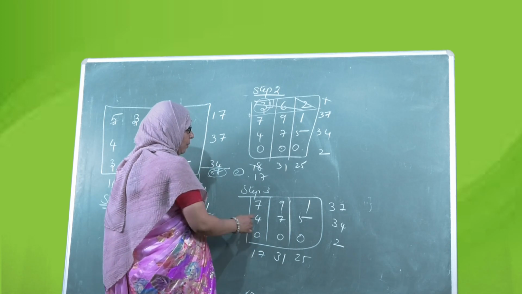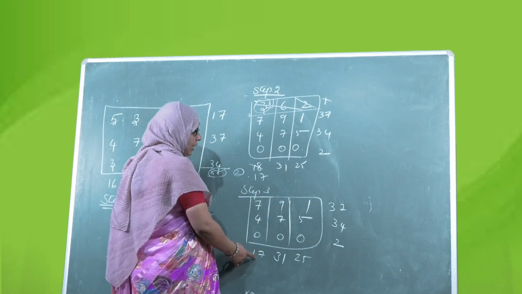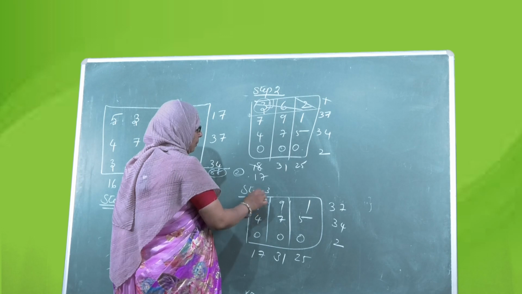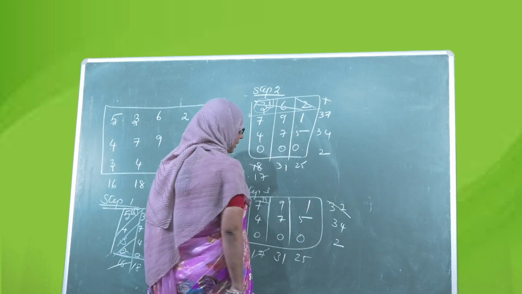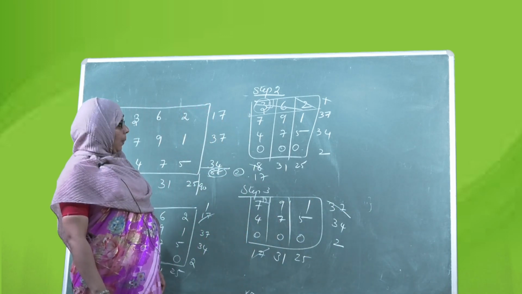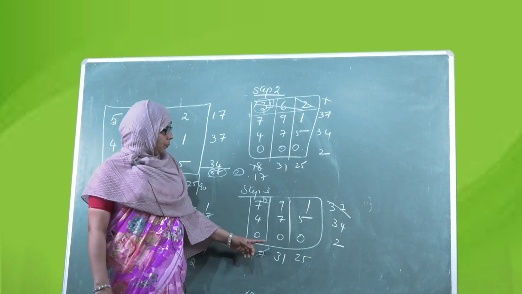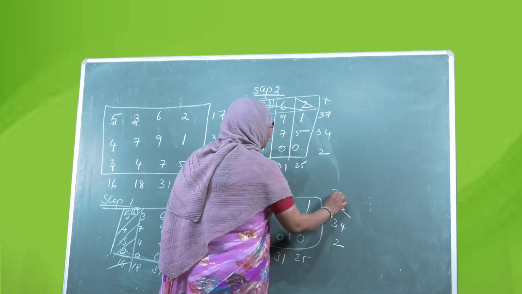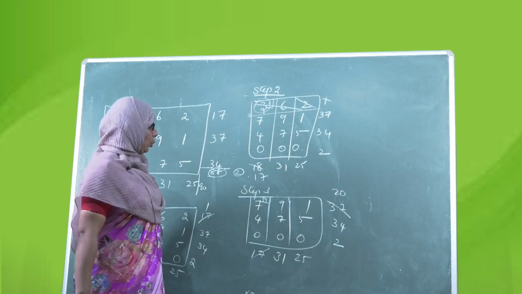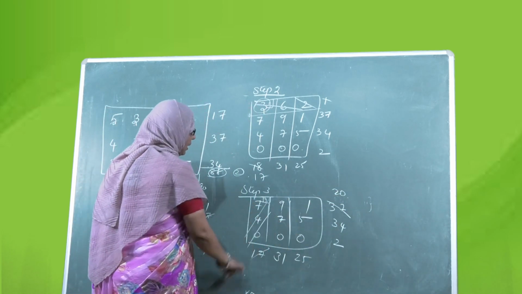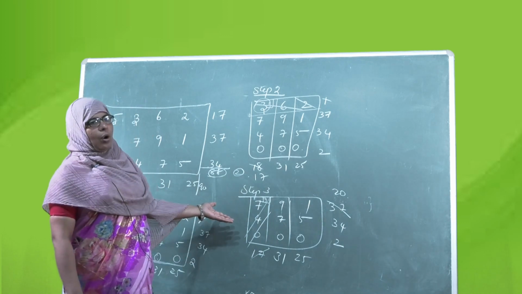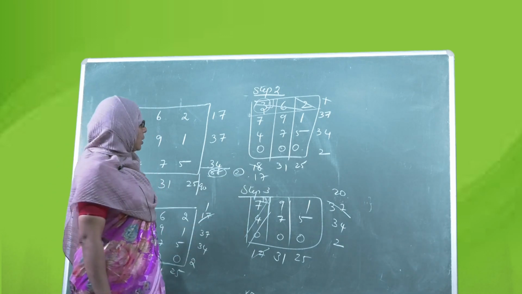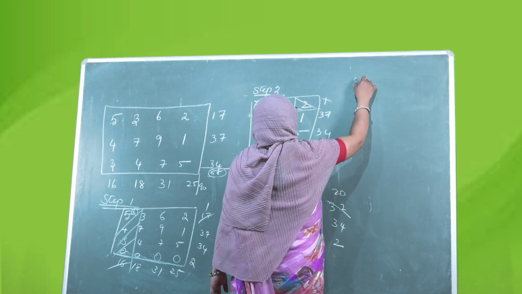What is the minimum element of 37 and 17? 17 is the minimum element, and you have to subtract 37 minus 17. What is it? 20. So we are getting 20. So 17 is completely vanished. That's why the first column is completely vanished. So you move on to step 4.